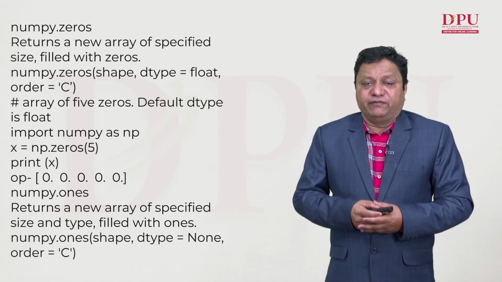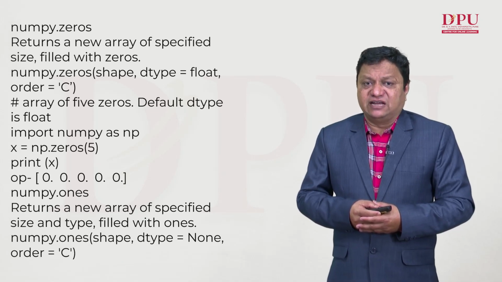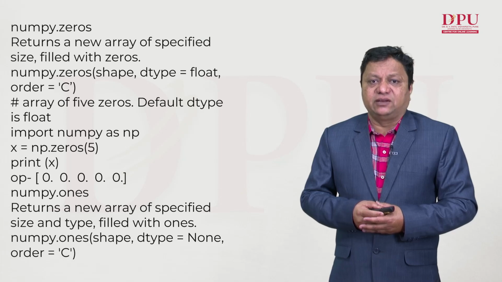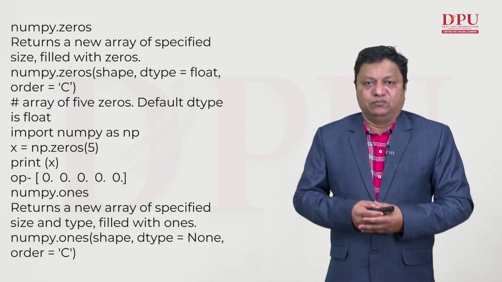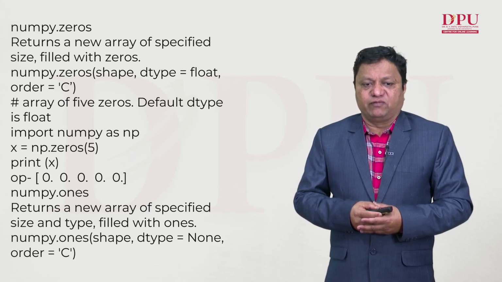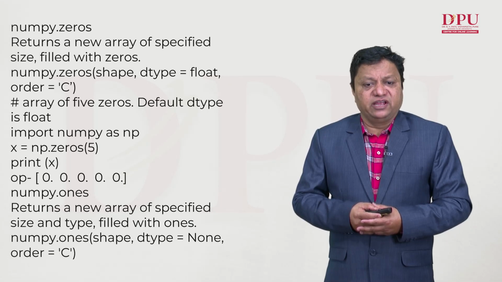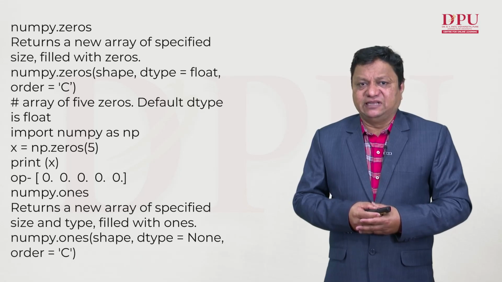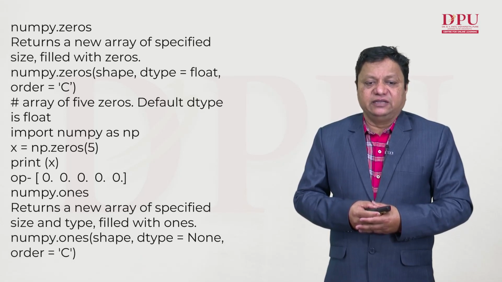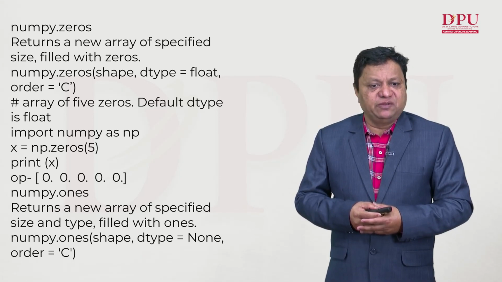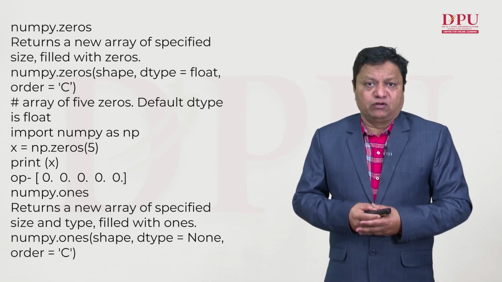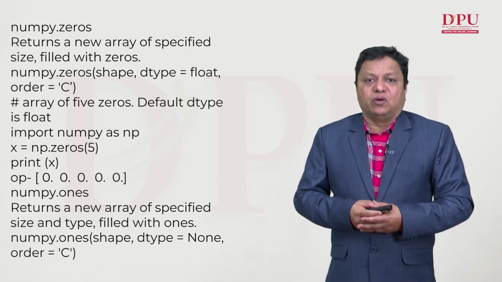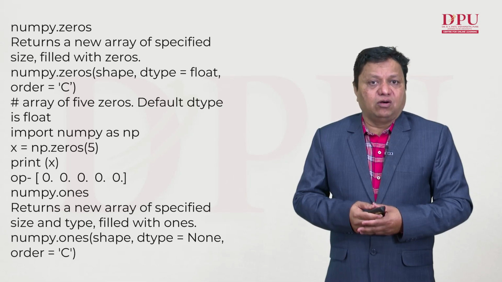If I want to create an array initialized with ones, I can use the ones attribute with the array object, like numpy.ones returns a new array initialized with ones. Here I can specify the size, the type and the shape as well, like numpy.ones(shape, dtype, order).